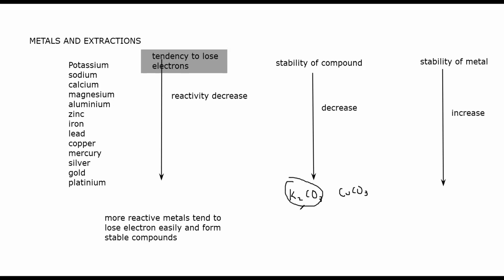Potassium carbonate is more stable. So for a more reactive metal, their compounds are more stable. But when I compare the stability of the metals, which metal does not tend to react? Copper does not tend to react easily as compared to potassium.